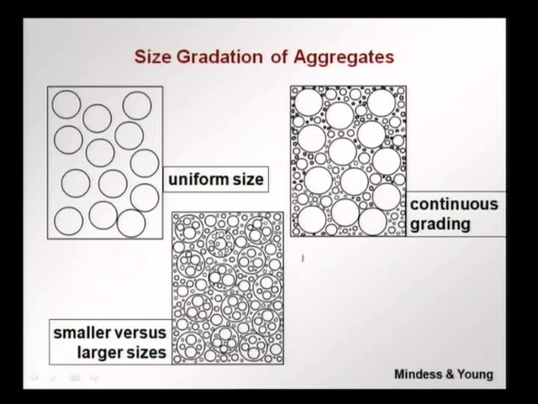Also, we see that it is better to use the largest aggregate size possible within concrete, because a larger aggregate instead of many small aggregates means that you have less surface area and you have less voids. Imagine that this large aggregate is replaced by smaller aggregates. Even though you get something which looks like a dense structure, we can see that the smaller aggregates will have higher surface area for the same mass.